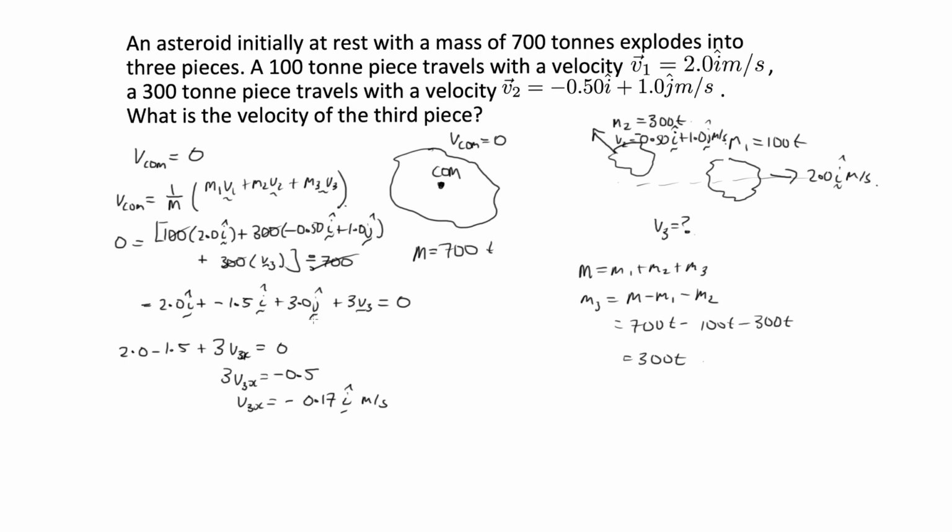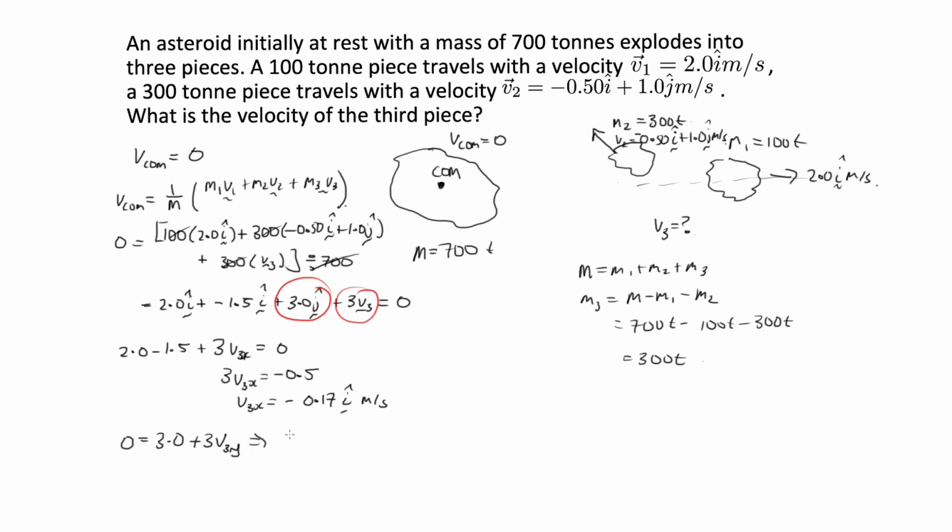Now I can look in the j direction, where I've got this vector and this vector, and those need to give me 0. So I've got 0 is equal to 3 plus 3 times v3 in the y direction.